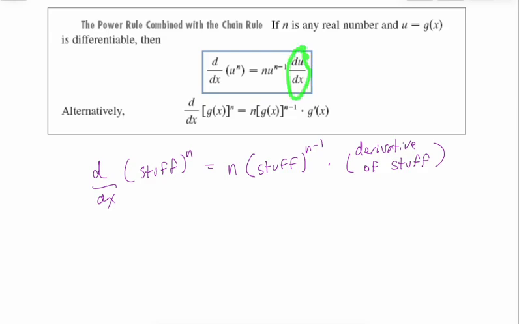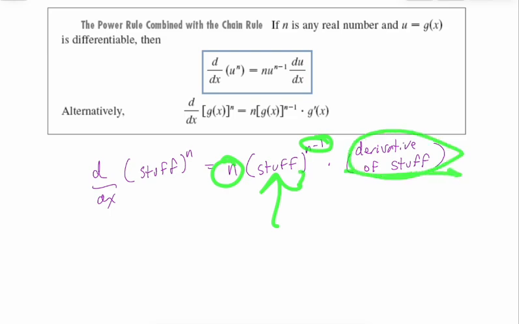See this du dx? That means that's the derivative of the stuff inside. A power rule, if there's a power on the outside, is always going to work the same. If I have a power to some complicated piece of stuff, you drop the power down in front, power goes down by 1, leave the stuff there, and then take the derivative of the stuff.